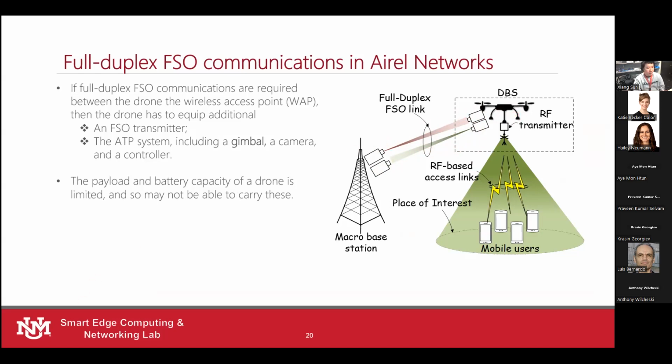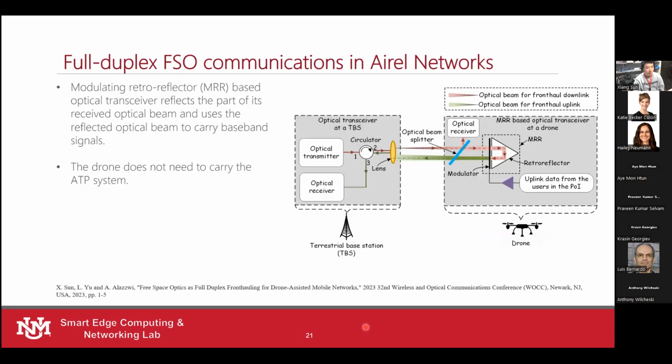So the solution is that instead of designing an independent optical beam for the uplink, we reuse the downlink, by reflecting this downlink optical beam to the base station, right? So this uplink optical beam is basically a reflection of the downlink optical beam. We just reuse its laser power to modulate the uplink signals here.